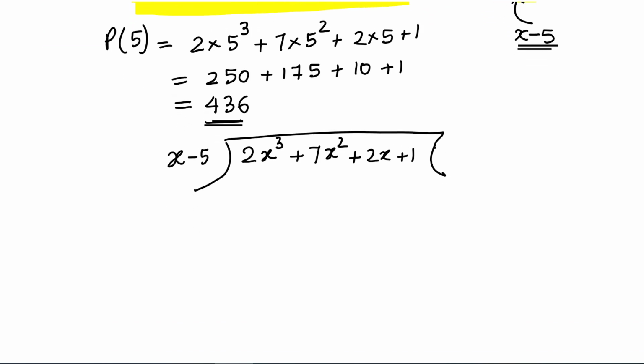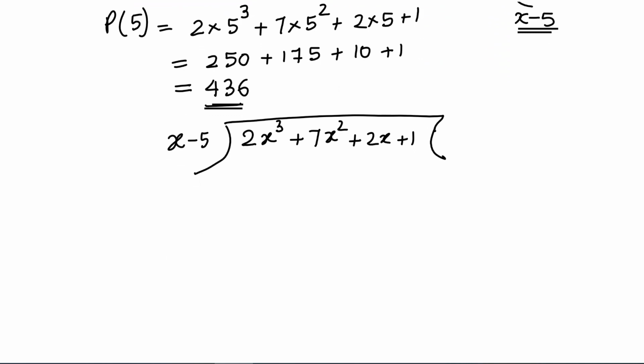Now we will use this shortcut method, that is the synthetic division method. So we have to put x minus 5 equal to 0, that is x equal to 5. So 5 will come here, and then we have to put the coefficients, that is 2, 7, 2 and 1.